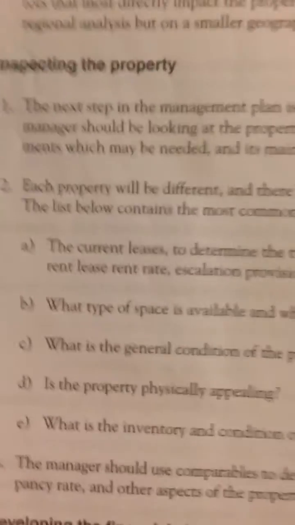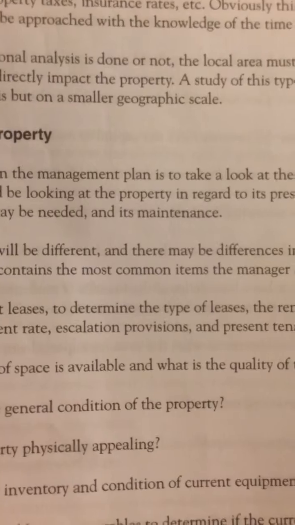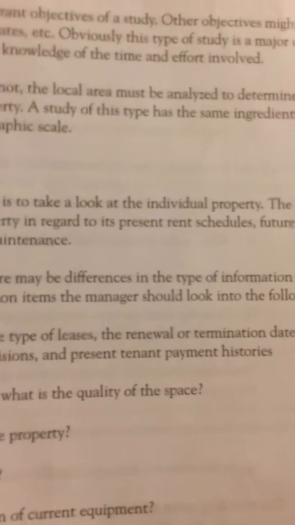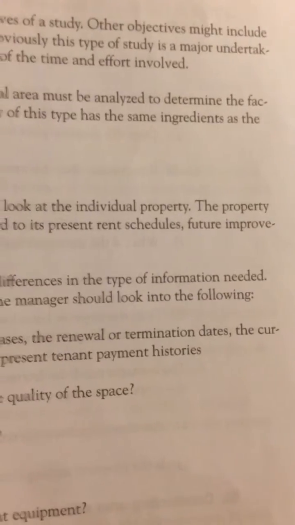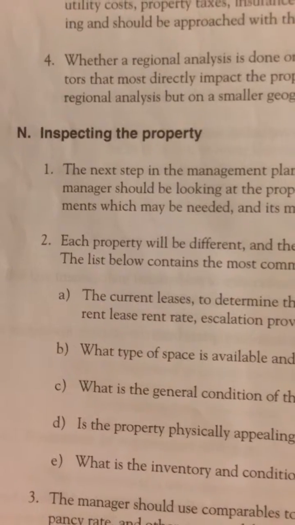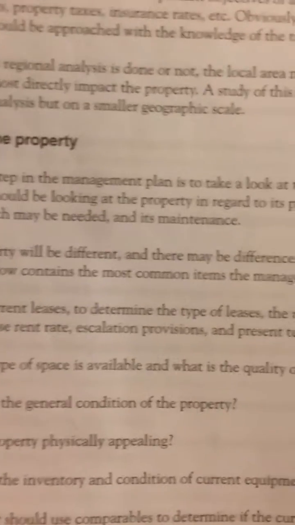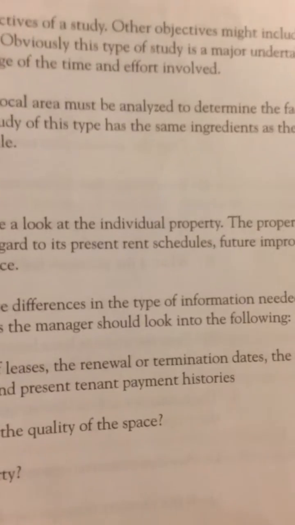2. Each property will be different, and there may be differences in the type of information needed. The list below contains the most common items the manager should look into.